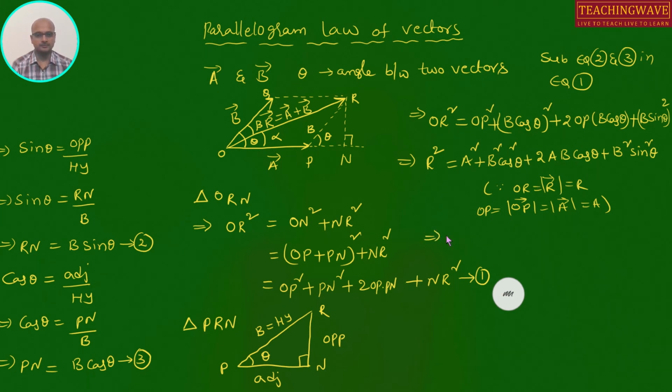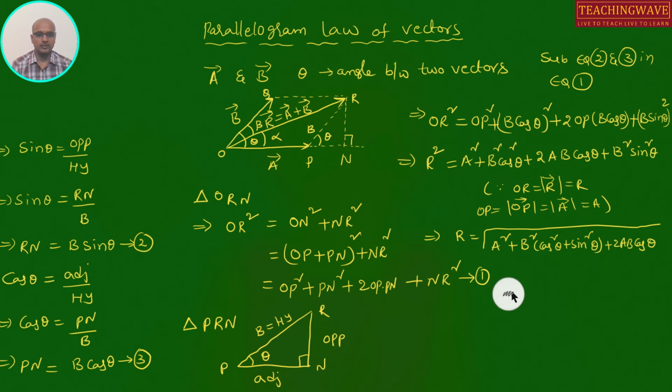That implies resultant R is equivalent to under root of A square plus B square cos square theta plus B square sin square theta. B square is taken common, cos square theta plus sin square theta, plus 2AB cos theta.